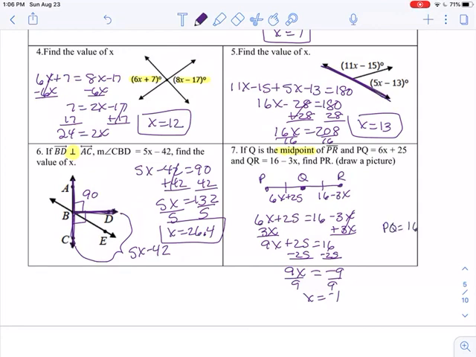So let me substitute and find PQ. 16 minus 3 times negative 1 is 16 plus 3, which is 19. That's PQ, but I actually want PR. PR is the whole thing. So if this side is 19, that makes this side 19. So PR is actually 38, 19 times 2.